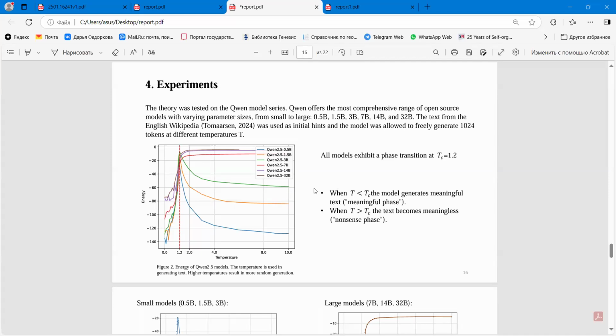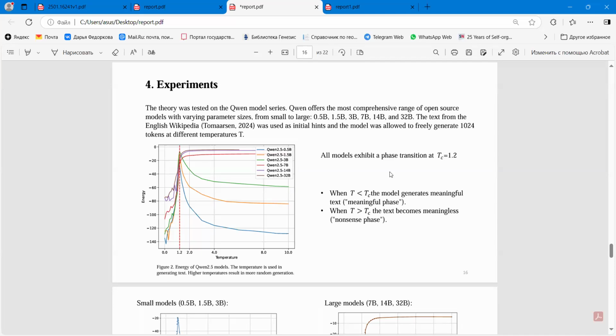And when temperature is less than critical temperature, the model generates meaningful text, and when temperature is more than critical temperature, the text becomes meaningless, a nonsense phase.